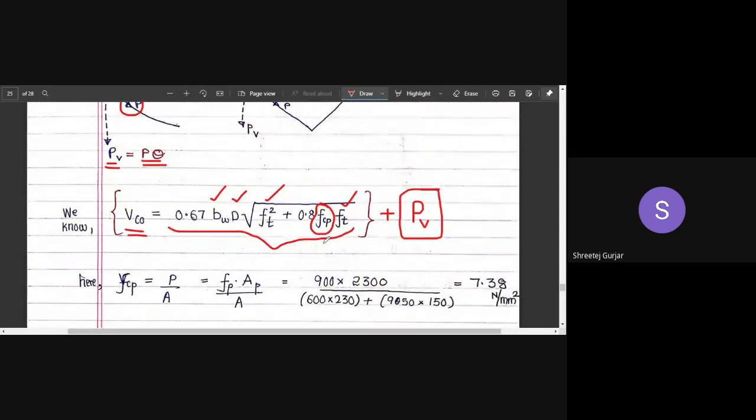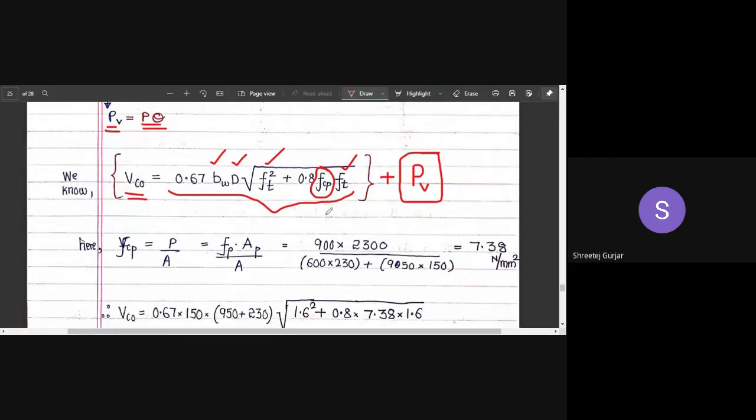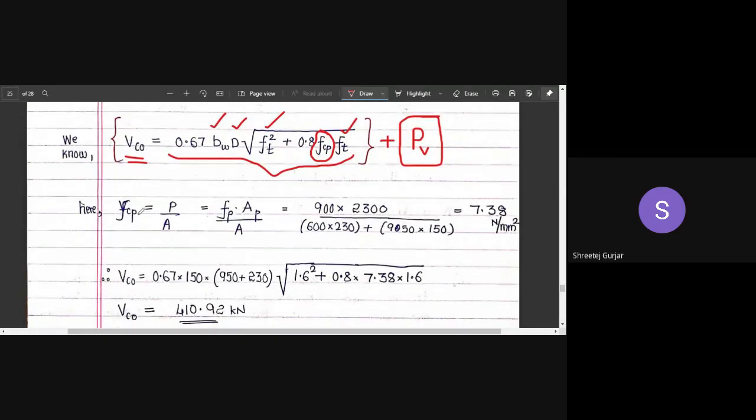FCP. And I have told you what FCP is. FCP is the compressive stress in steel, sorry, it is not force, it is stress. Compressive stress present in steel, which is the pre-stressing force P in the cable divided by the total area of the beam.